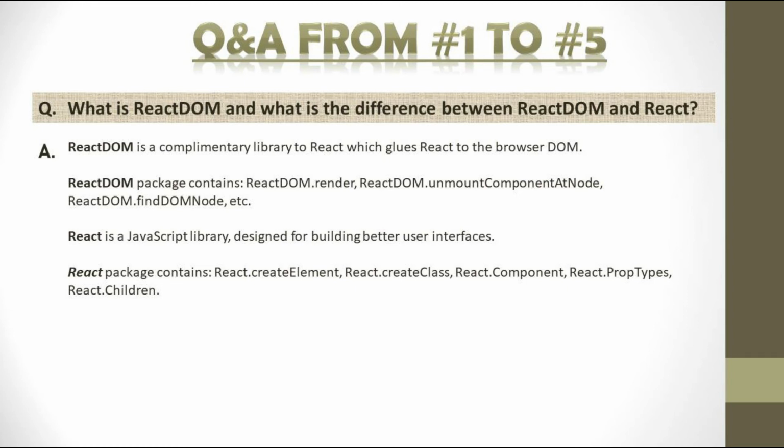The React DOM package contains the render method, unmountComponentAtNode method, findDOMNode method, and so on. And what is React? React is a JavaScript library designed for building better user interfaces. Till now we have seen 5 videos of React, so I hope you understand what React is. So the React package contains createElement, createClass method, Component method, PropTypes method, Children methods, and so on.